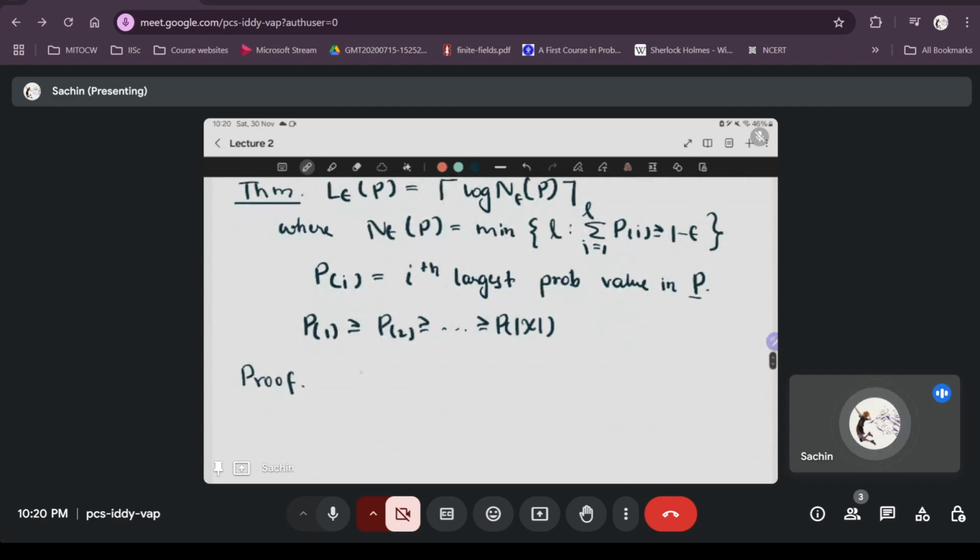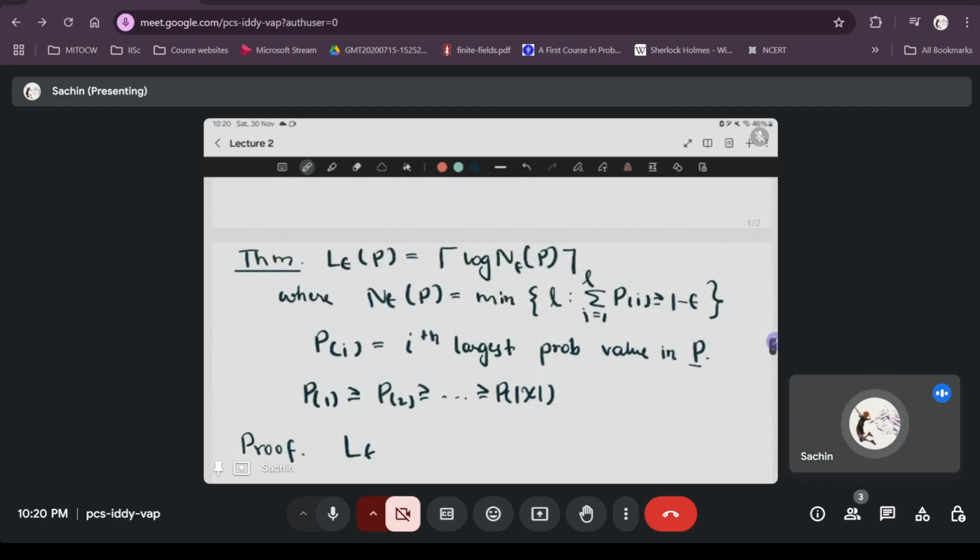Just by construction, this set, this n epsilon of p, is a set of high probability, right? So the sum of p of i is greater than or equal to 1 minus epsilon. So all the outcomes that you picked will form a high probability set.